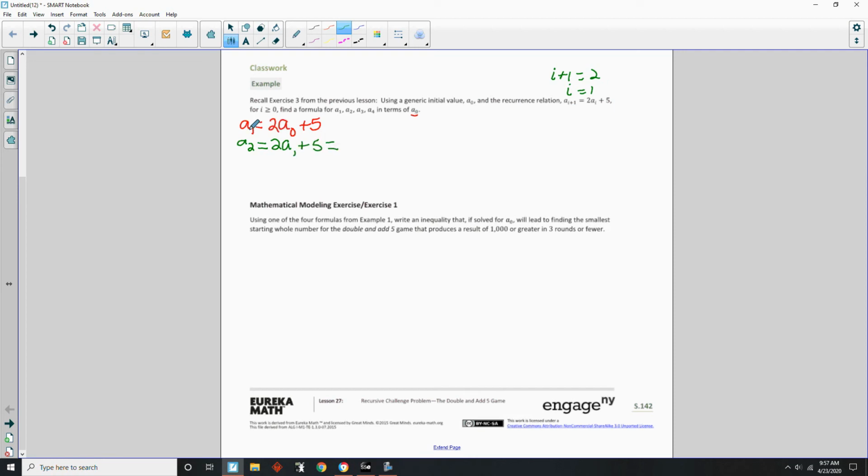But we already know a sub 1 is this, so I will rewrite that as 2, and then substitute in my a sub 1, which is 2a sub 0 plus 5. And then, don't forget we have this plus 5 here. So a sub 2 equals 2 times a sub 1 plus 5.